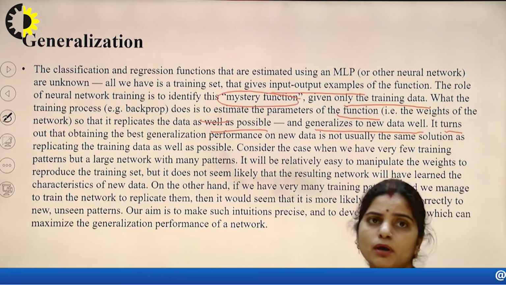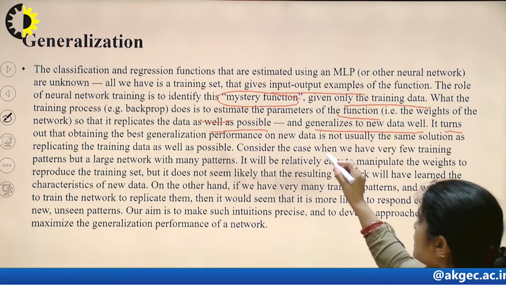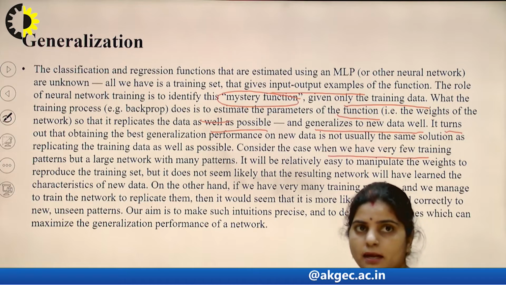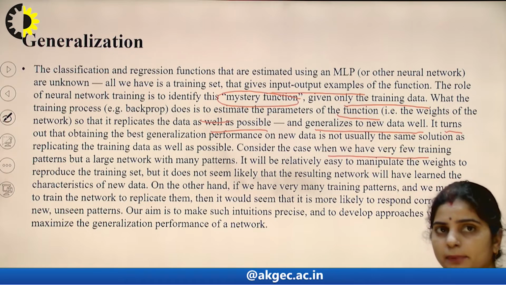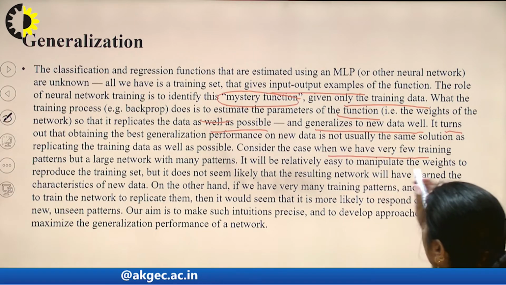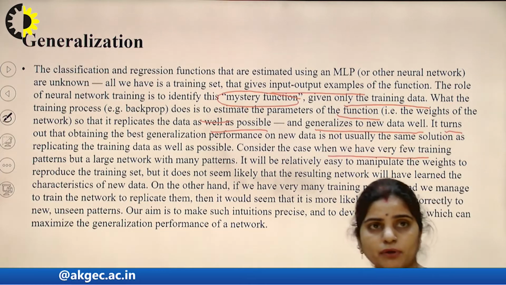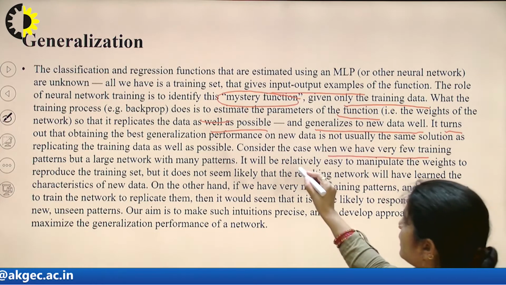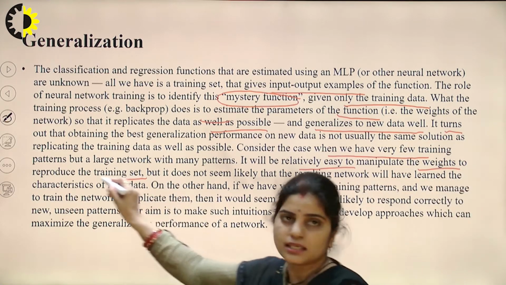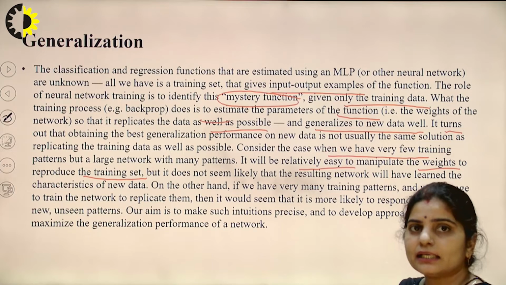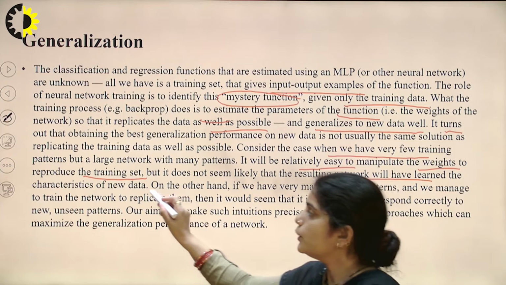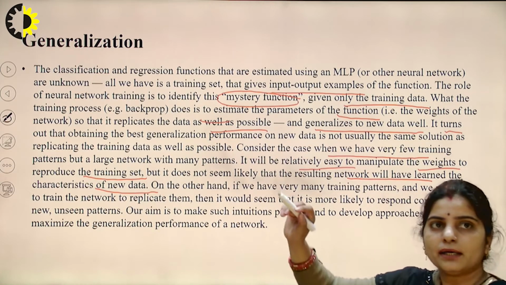Consider the case where we have very few training patterns but a large network with many parameters. It is relatively easy to manipulate the weights to reproduce the training set, but it does not seem likely that the resulting network will have learned the characteristics needed to generalize to new data.